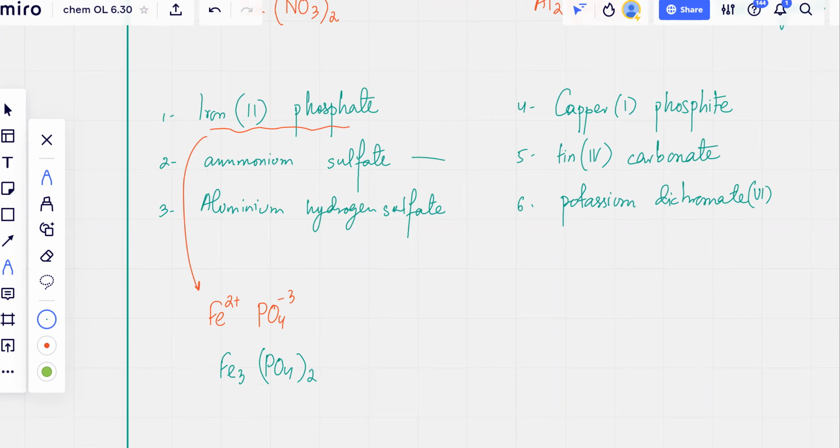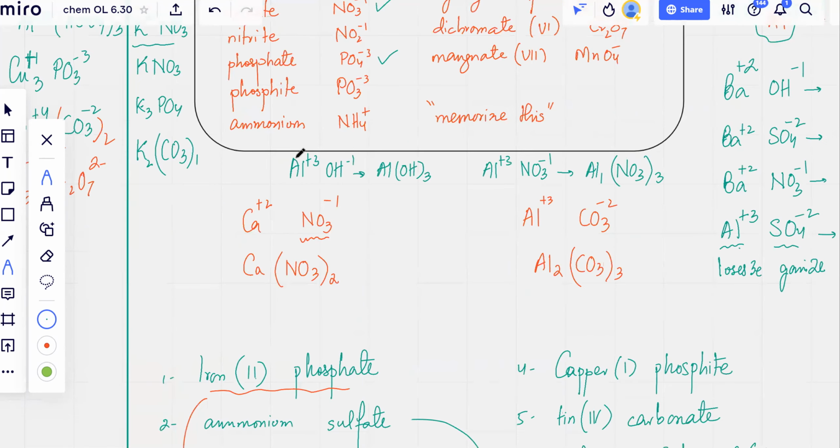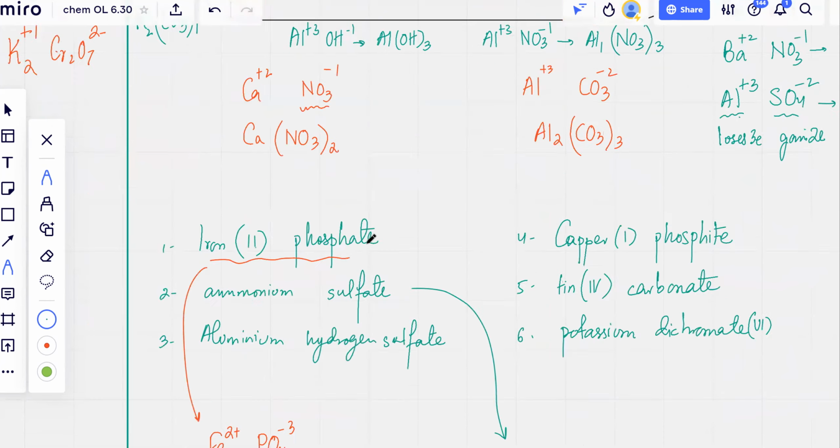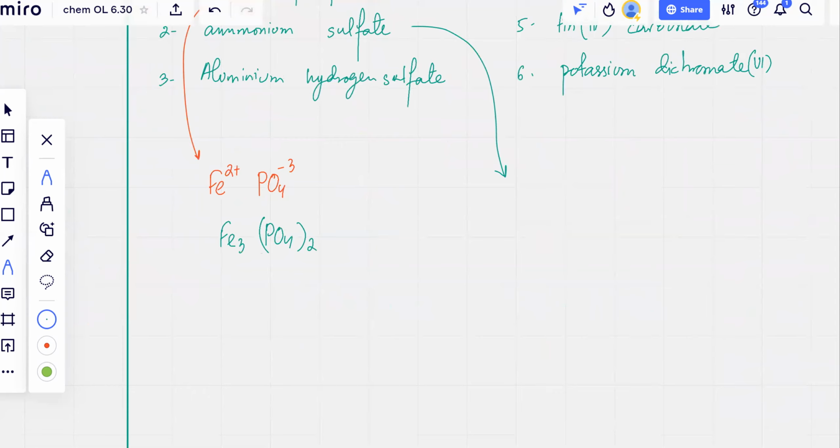Then you've got ammonium sulfate. So what is ammonium sulfate? If you have a look, ammonium is NH4 plus 1, and sulfate is SO4 minus 2. So what is the formula? It's going to be ammonium, and SO4 is -2.